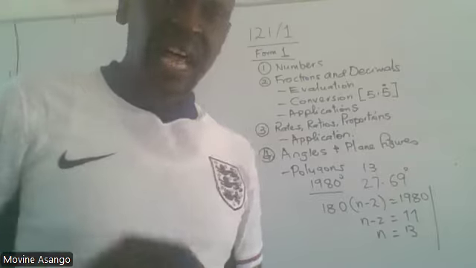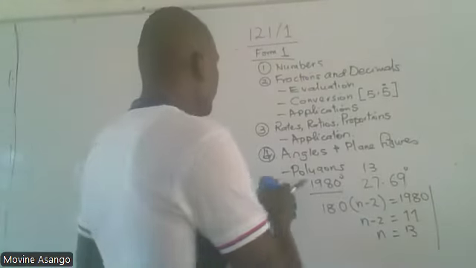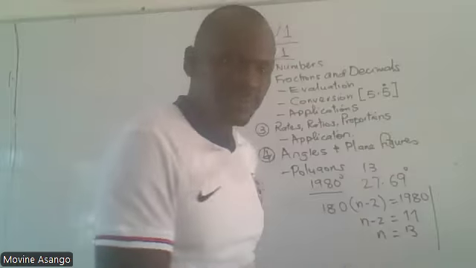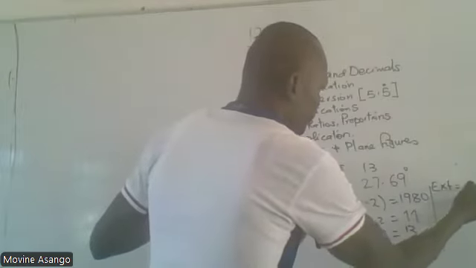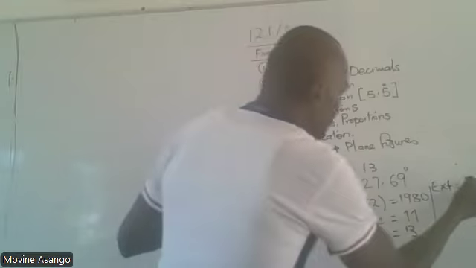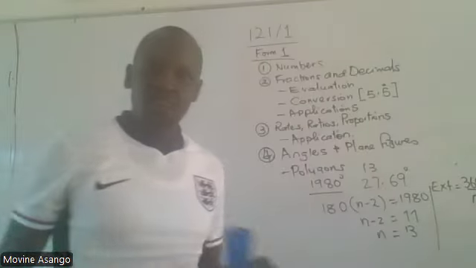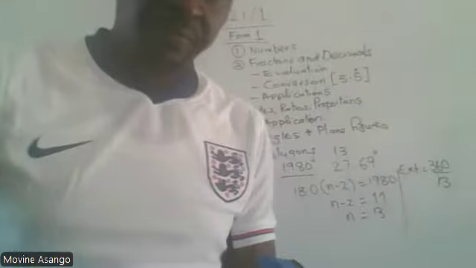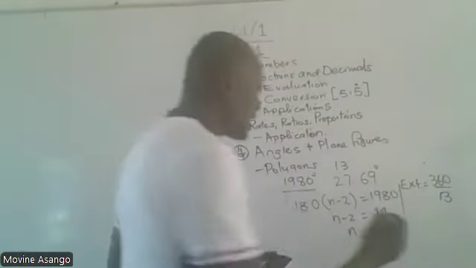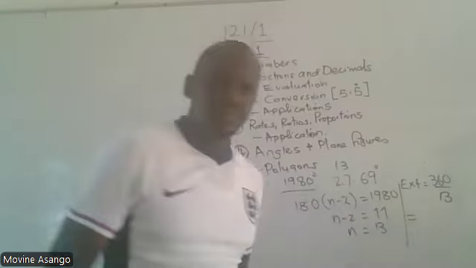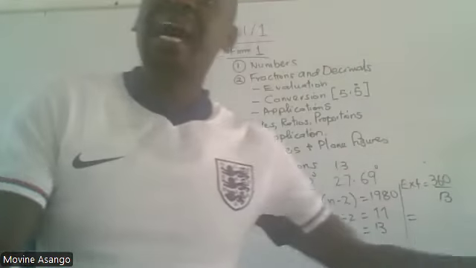So for the exterior angle, now we say exterior angle is 360 over the number of sides. And I chose this question intentionally. Now that answer, you realize that it is non-terminating or recurring.